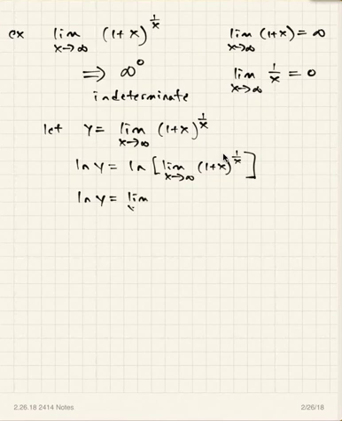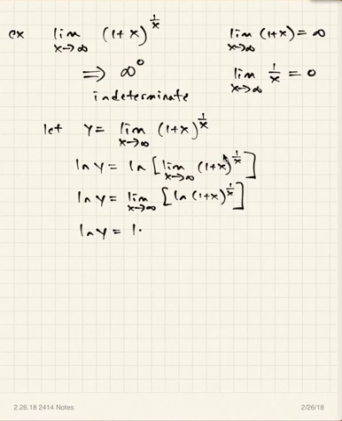The idea is that since the logarithm is a continuous function, the natural log of the limit and the limit of the natural log are actually the same thing. That's a property you probably stated in Cal 1. So you interchange that limit and that logarithm like that. And then you use the power rule for logarithms and bring that 1 over x down in front.